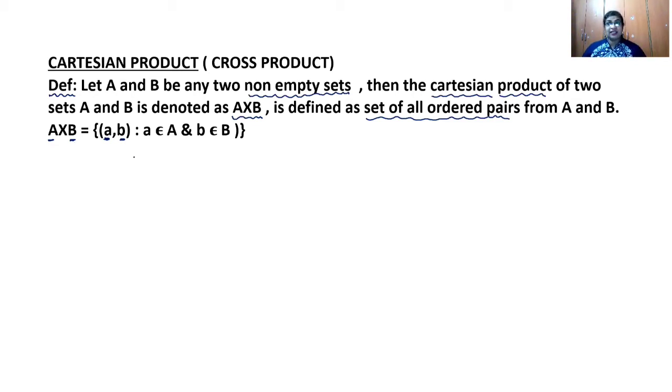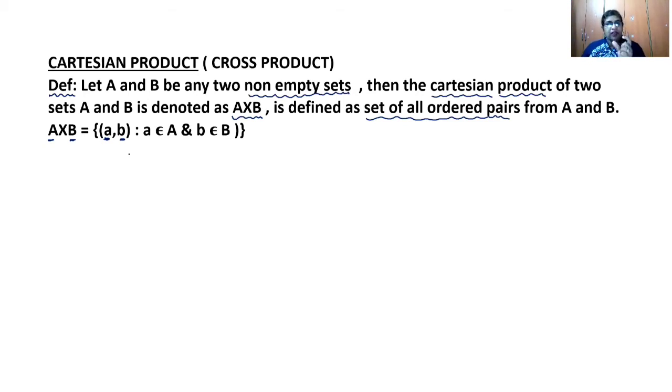Once again, quickly we will recall: what is a Cartesian product? The Cartesian plane, I think you already know this. How do you mark a point in the Cartesian plane? That is also an ordered pair, isn't it?